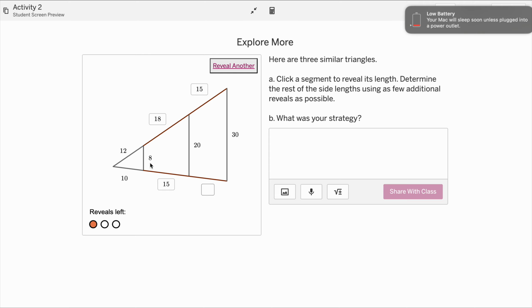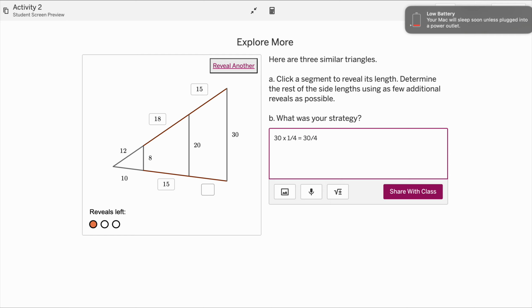And then like we found out that this is 1.25, the relationship between 8 and 10, so 30 times 1.25. 30 times 1 is 30, and then 30 times 1/4 is 30/4.